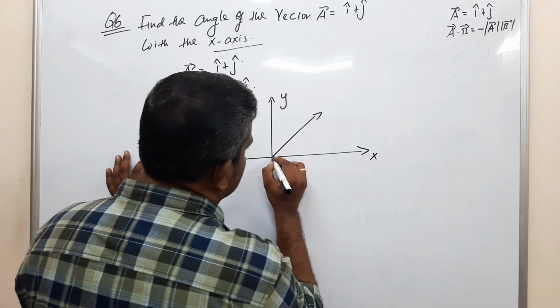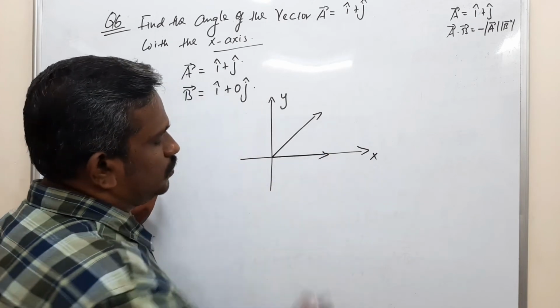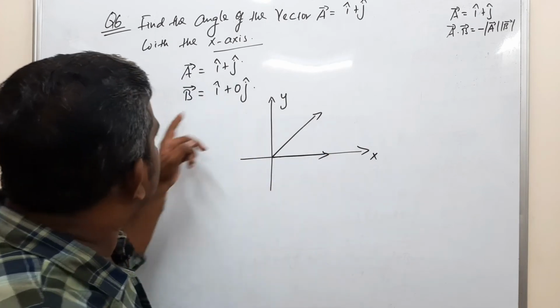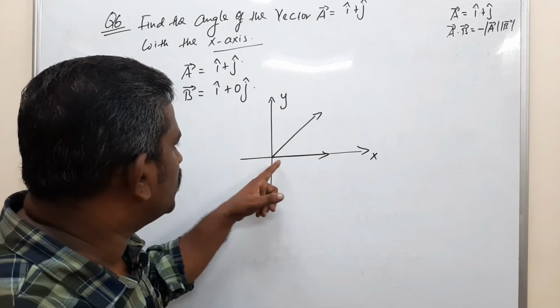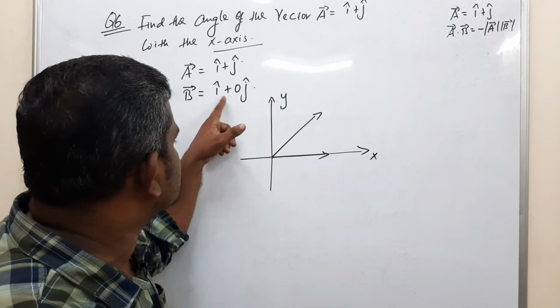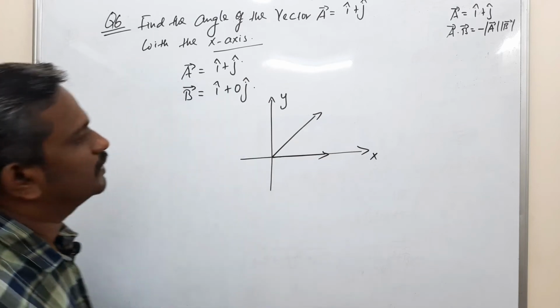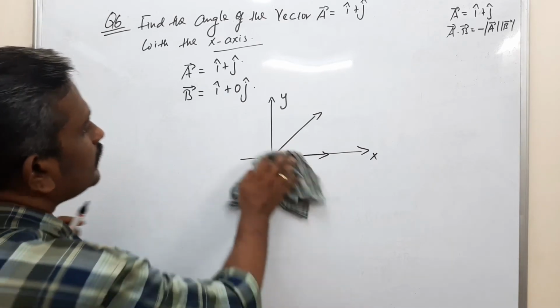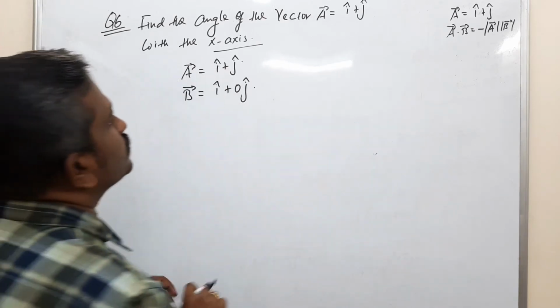In the x-axis, the y component is 0. So B vector is equal to i cap plus 0 j cap, and we have to find the angle between these two vectors.